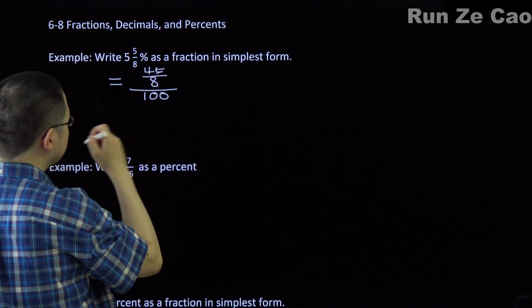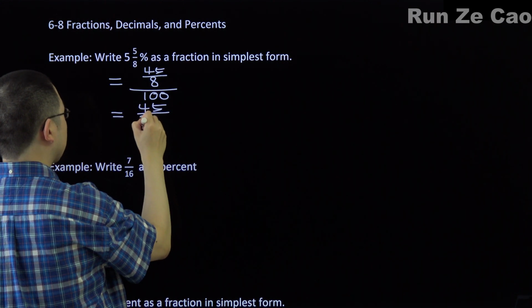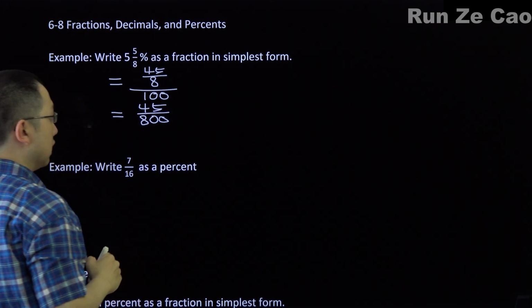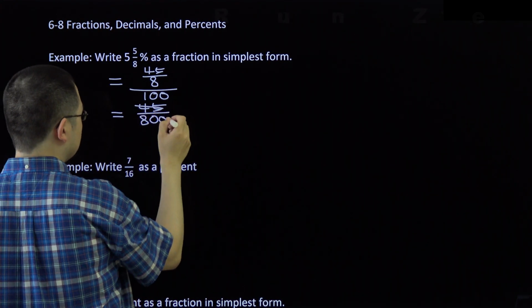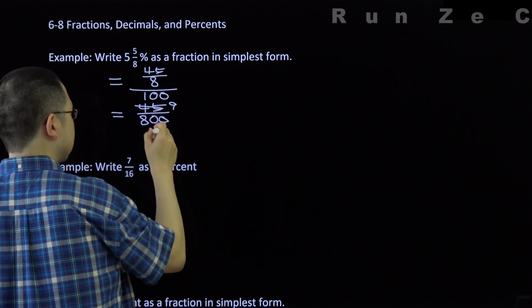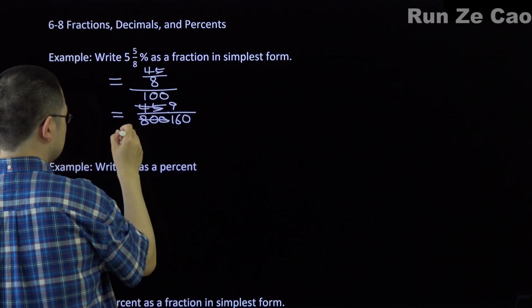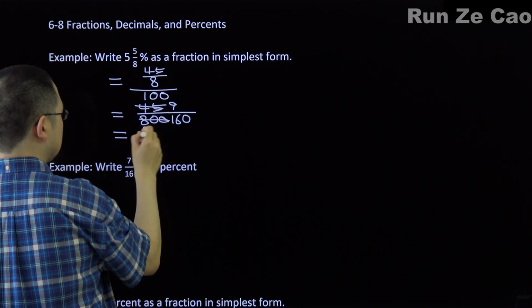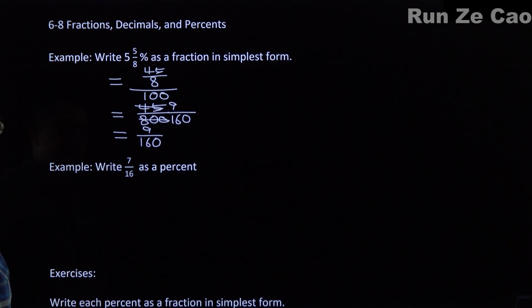So, that's equal to 45 over 800. What can we cancel out here? Oh, we can cancel out, clearly, a 5. So 9 over 160. So 9 over 160 is what we're looking for in simplest form.